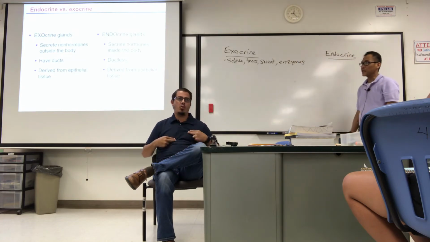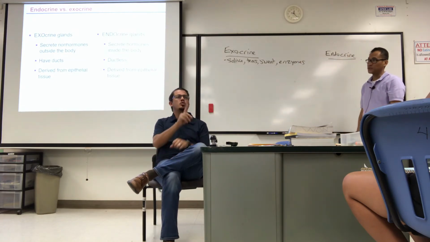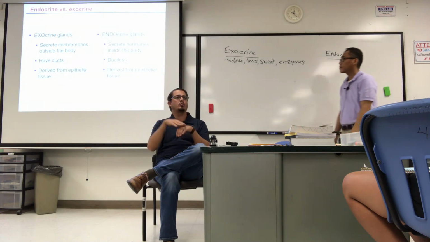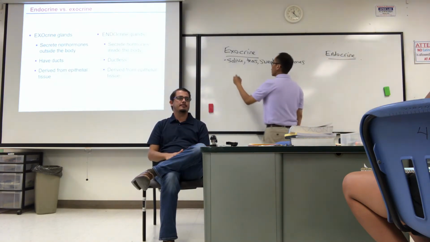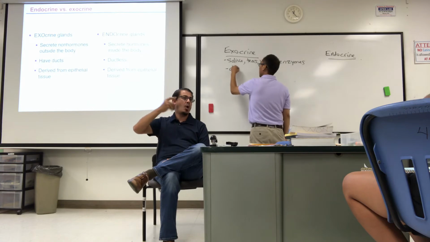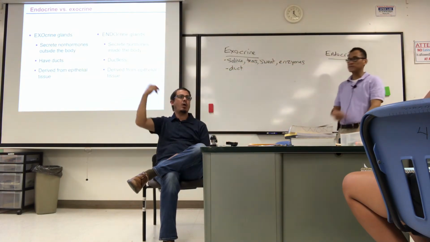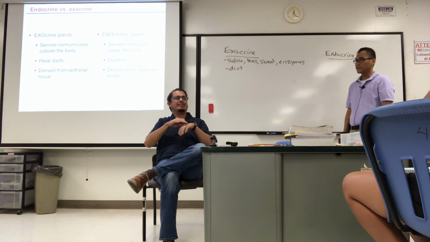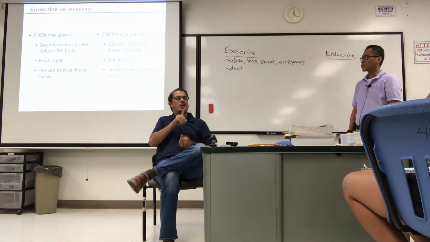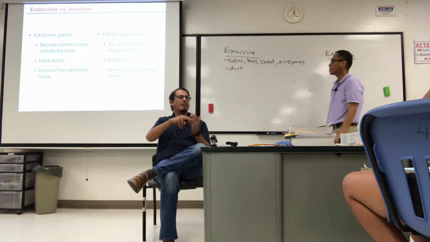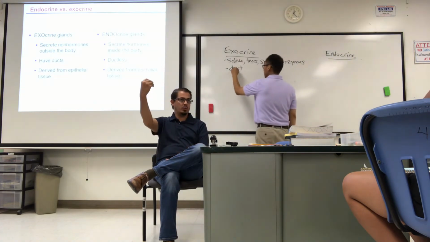And they use a duct so they can secrete it to the surface. It's basically secreted outside the body onto the skin surface or into the digestive tract. Hence the term exo means outside of. So they use a duct. These glands have a duct.